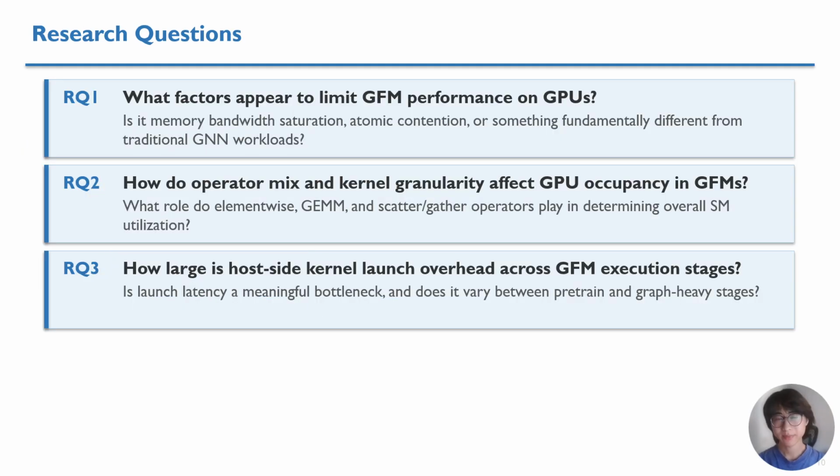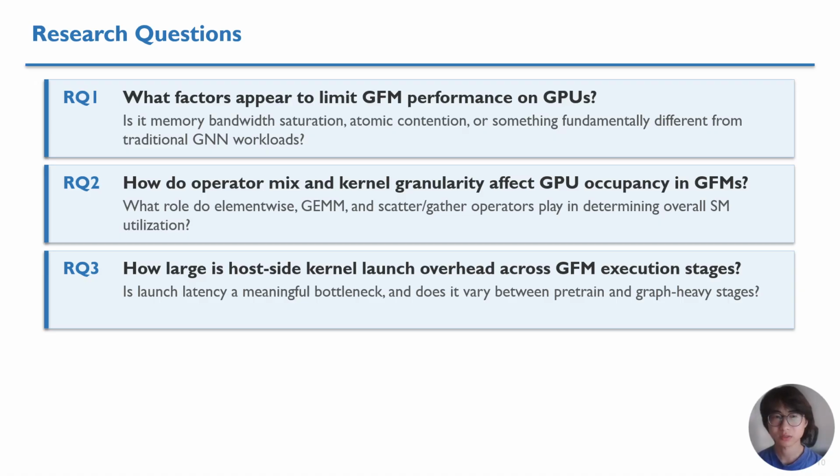Based on the methodology, we formulate three research questions. The first research question is: what factors limit GFM performance on GPUs? Is it memory bandwidth saturation, atomic contention, or something fundamentally different from traditional GNN workloads? The second research question is: how do operator mix and kernel granularity affect GPU occupancy?